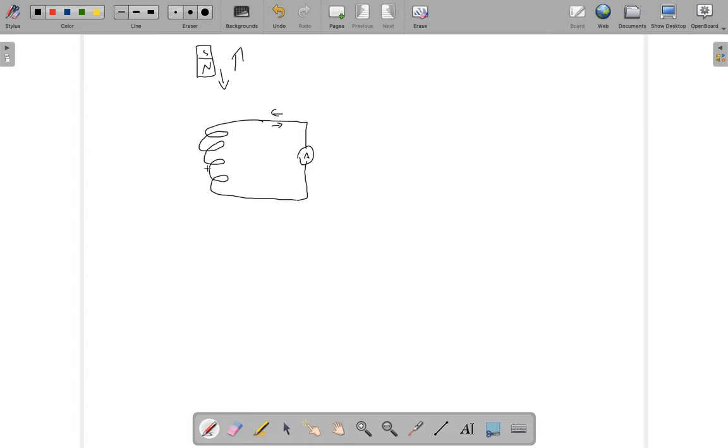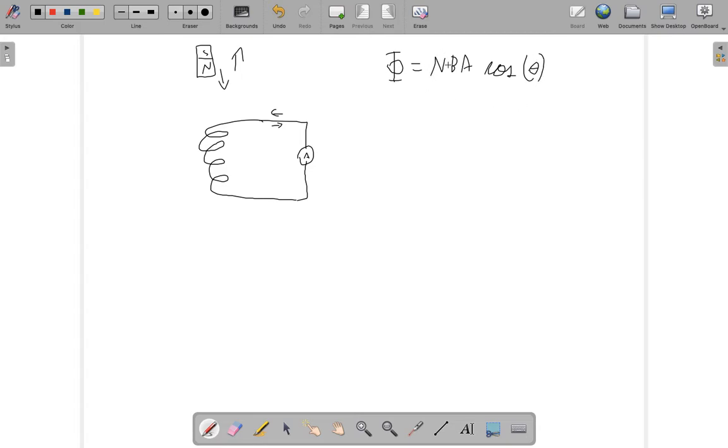So now in a case with solenoids like this, the magnetic flux is given by NBA cos theta.